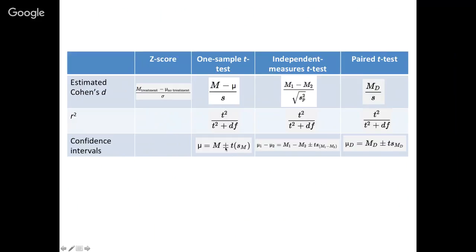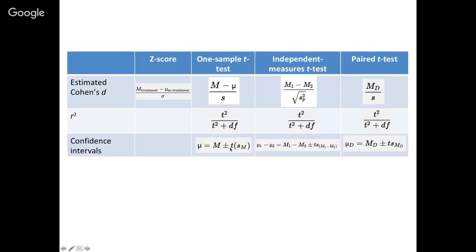The confidence interval is always the center plus or minus the width. The center for the one sample t-test is the sample mean. But for the independent and paired t-tests, it is the difference between sample means.